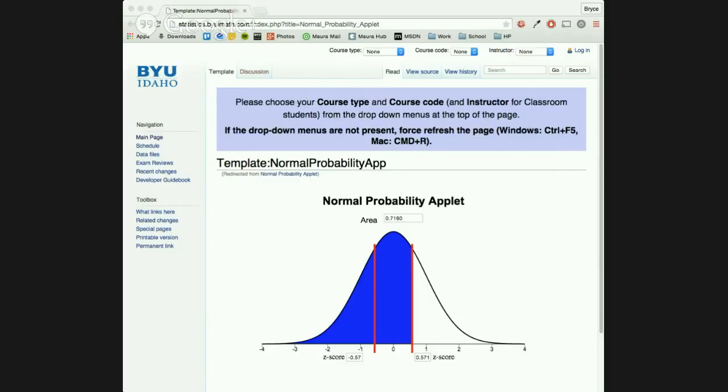So x would equal the z index times the deviation plus the mean, right? Yeah. That's the same equation, just moved around.